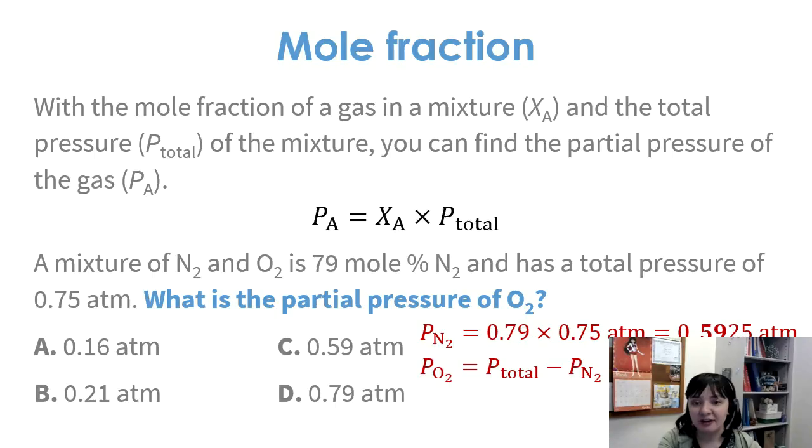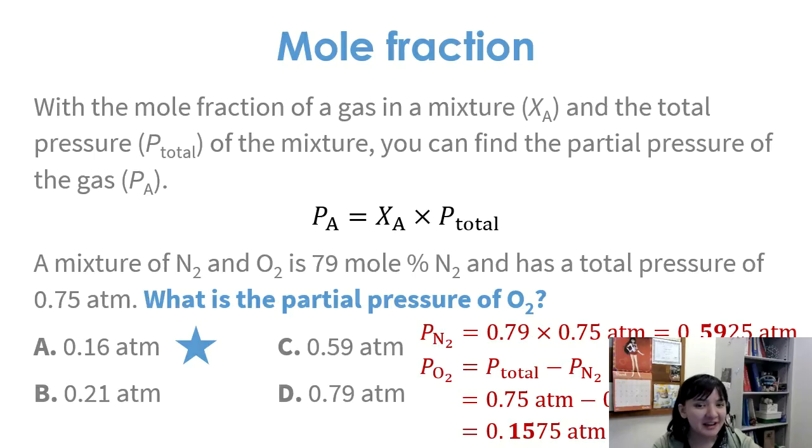So I can use the values I already have and say that the partial pressure of oxygen is equal to 0.75 atmospheres minus 0.59 atmospheres. Completing that, I got 0.1575 atmospheres, but to 2 sig figs, that should be 0.16 atm. And so choice A here is correct. We have 0.16 atmospheres of O2.